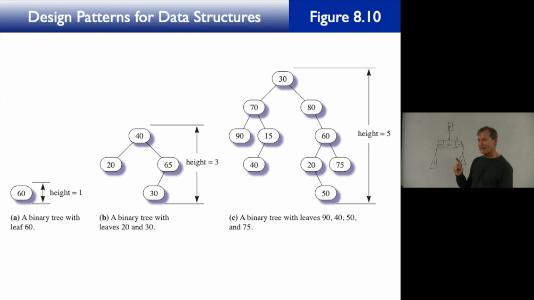But I don't like that definition, and neither did Gries and Schneider. Because using that definition, what's the height of the empty tree? It would be -1, and that doesn't seem right. It seems like the height of the empty tree should be 0. So when we talk about height, we're talking about how many nodes, not how many jumps there are between nodes, but how many nodes there are in the levels on the way down.